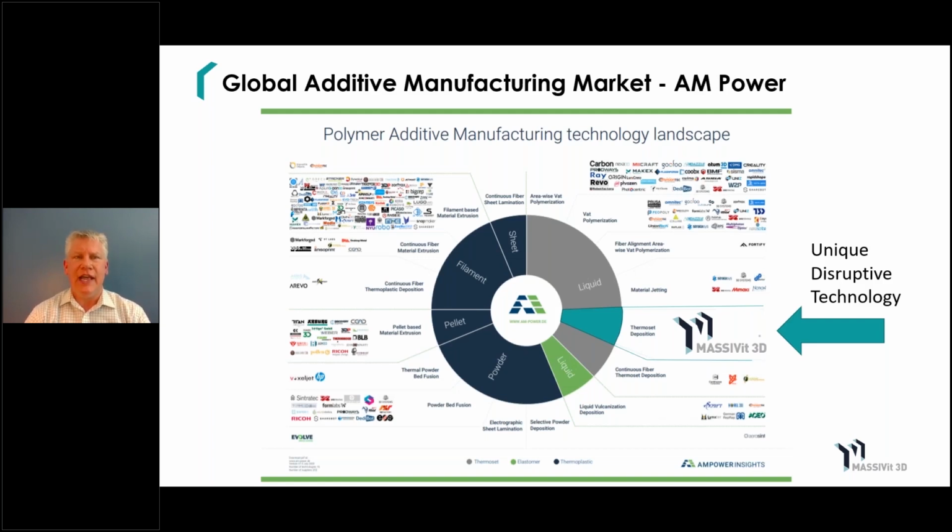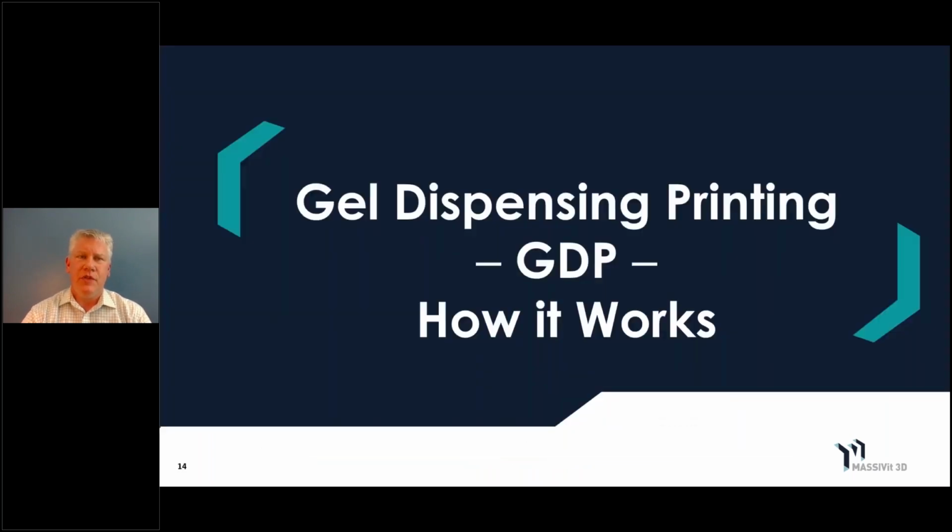They've produced this slide that shows polymer additive manufacturing technologies. You can see here, Massivit 3D has its own section of the pie. That's because we're a unique technology, and because of that, we have some advances that no one else has. Now, let's get into what those advances are and how GDP printing works.